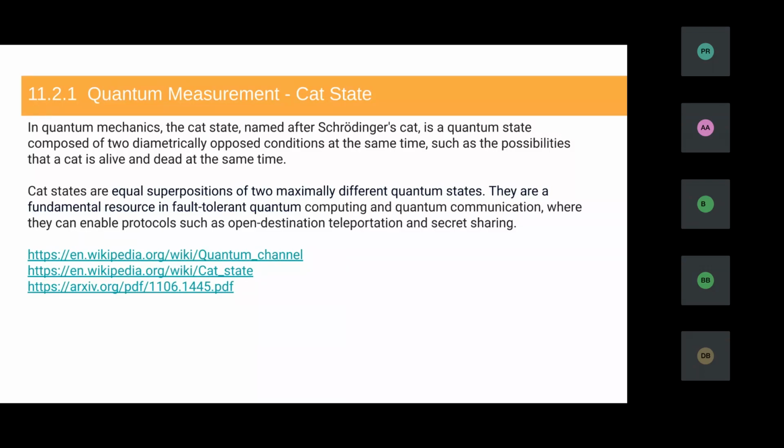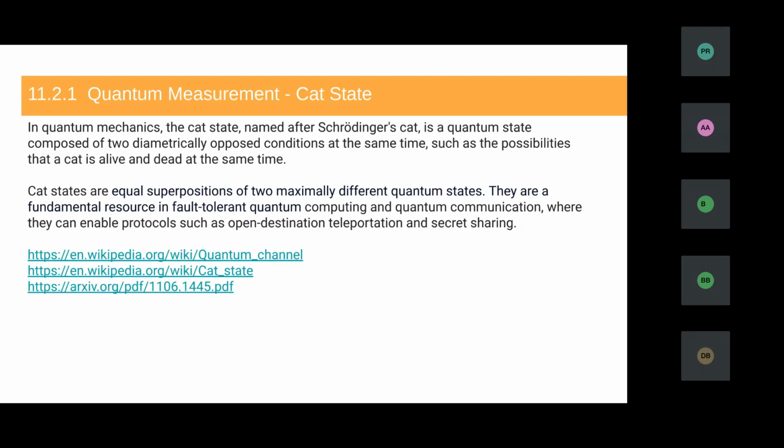Usually Schrodinger has a cat in a box, and there is some atomic, like uranium, particle that may cause radiation, so the cat may die.